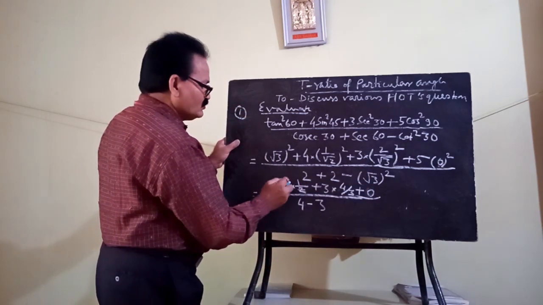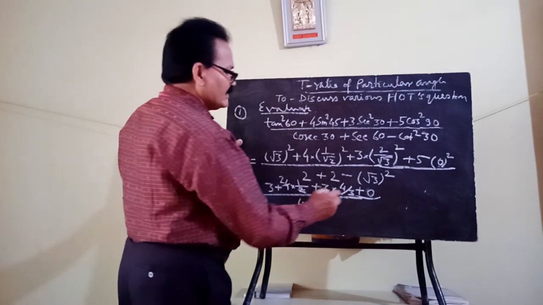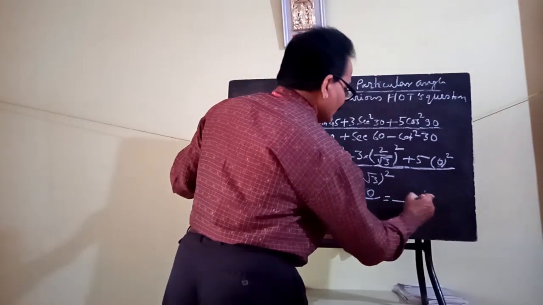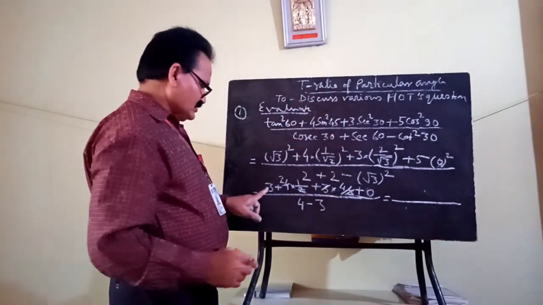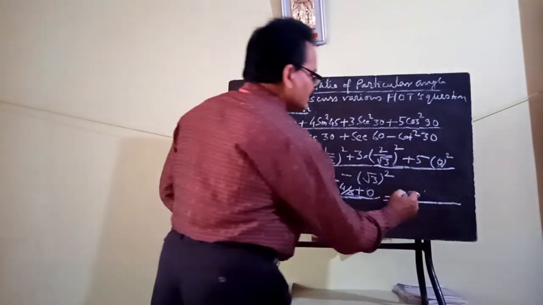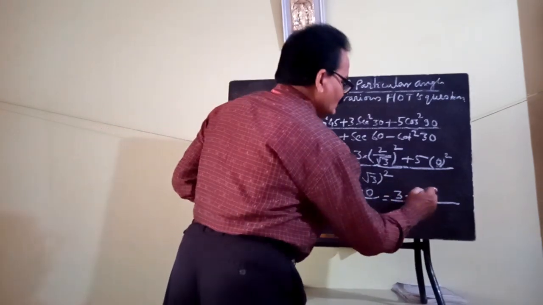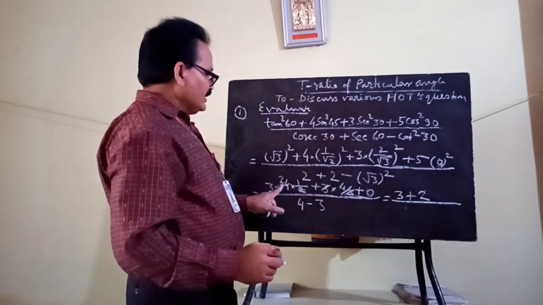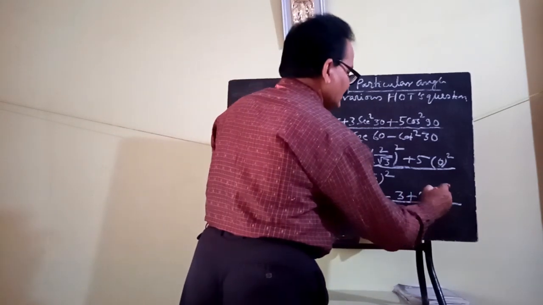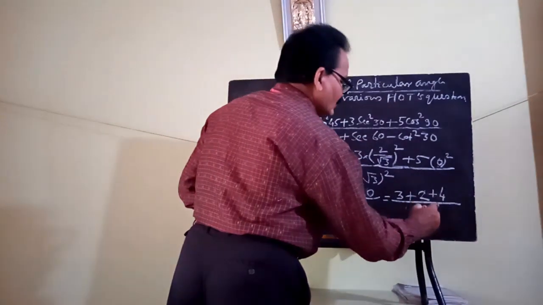Here the 2 and 4 can cancel, you get 2, and again this 3 and 3 cancel. So in the numerator it is 3 plus 2 into 4 by 3, where the 3 cancels and only 4 is left, then plus 0. In the denominator, 4 minus 3 is 1.